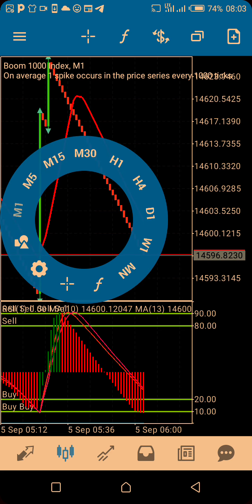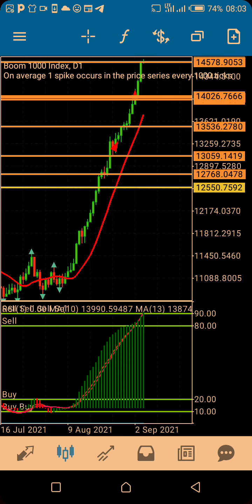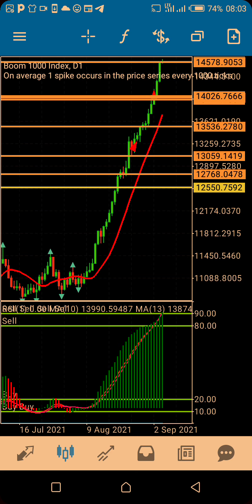So I'll go direct to D1. This is the easiest way to check what kind of market this is. When you look at D1, it's showing that this market is in an uptrend.